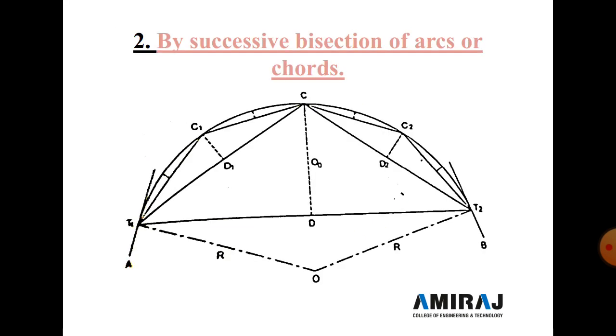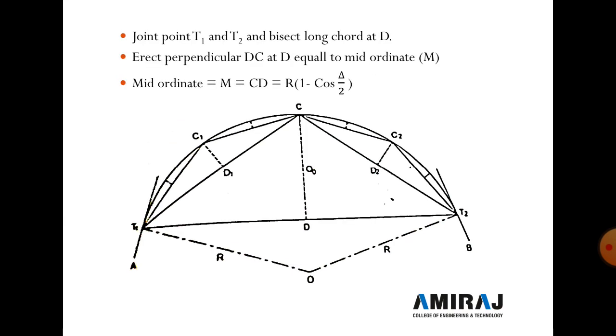Now the second method is successive bisection of arc or chord. Here you know the starting point of the curve is T1 and the end point is T2. Bisect the long chord at D, and erect a perpendicular at D equal to the mid ordinate M, where the mid ordinate M is CD.